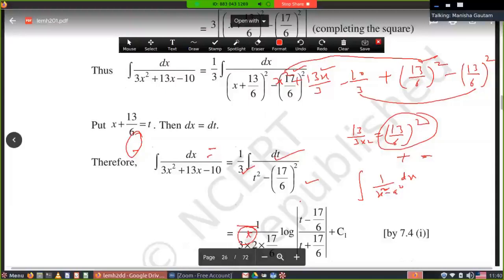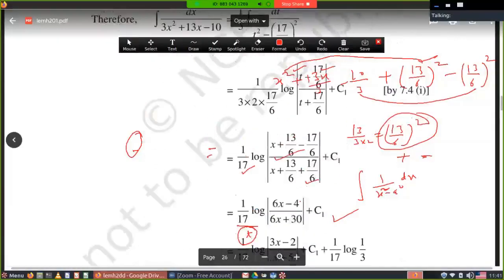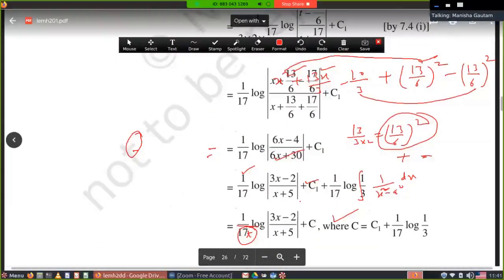This is a standard form now. Here is the formula: 1 upon 2a log x minus a upon x plus a. Now you can do the question. Simplify it.